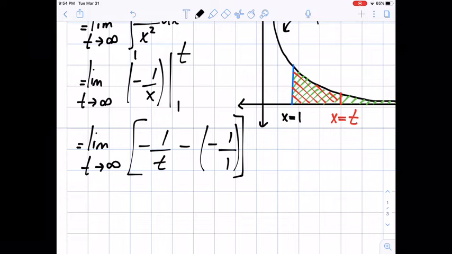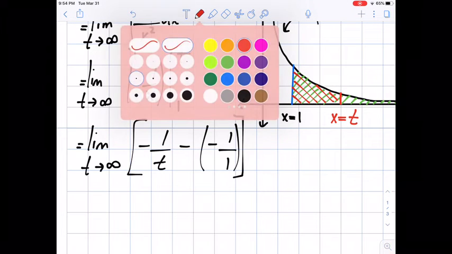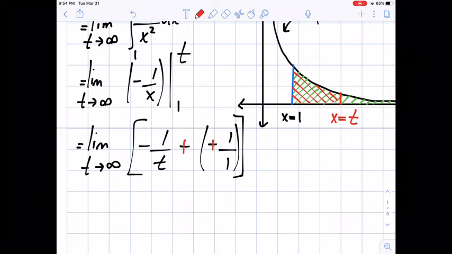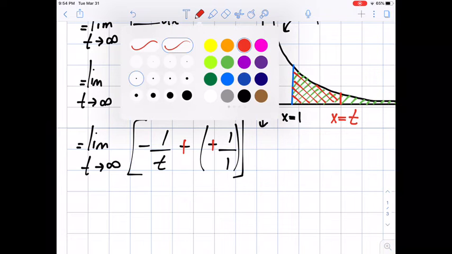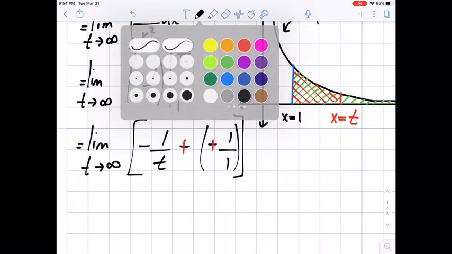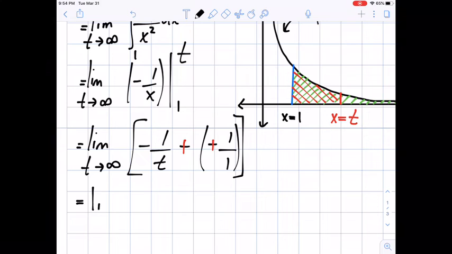So this is what I have, and actually, if we look at it, we have a double negative here on the second portion, so that's fine. Really, we end up with a limit as t approaches infinity, and we're going to have just negative 1 over t plus 1.